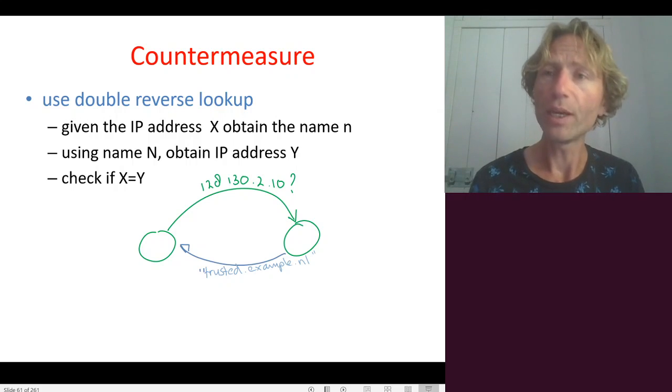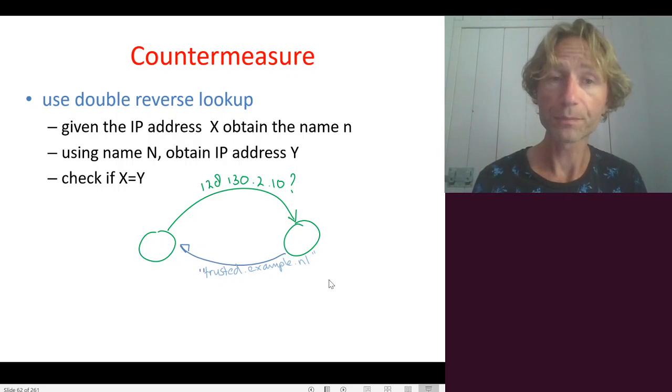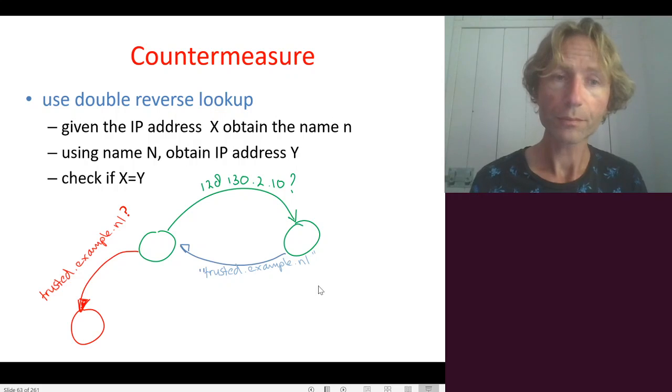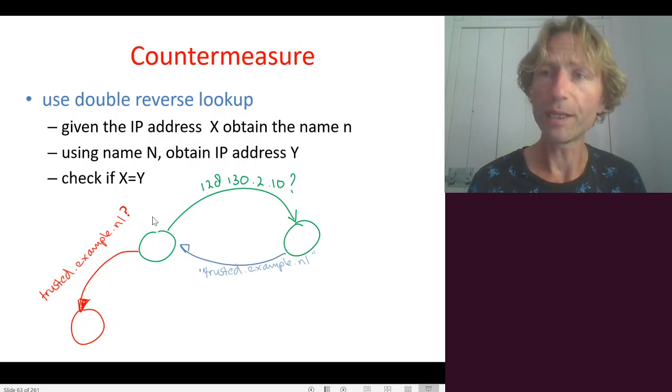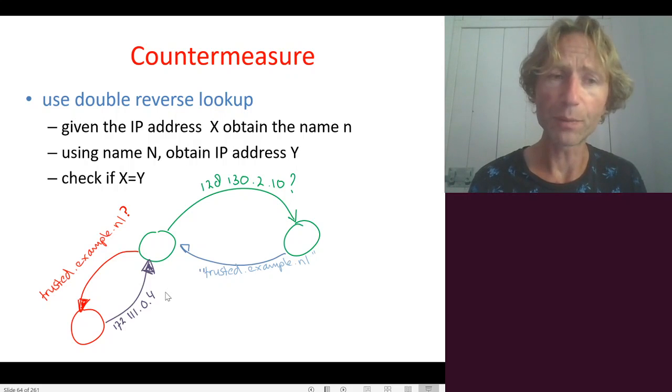If it cannot automatically trust this symbolic name to be the one that corresponds to this IP address, what it can do is simply do another lookup for this symbolic name. So it does another lookup, goes into the domain name system, and receives a reply for this symbolic name, which happens to be a completely different IP address than the IP address of the attacker.